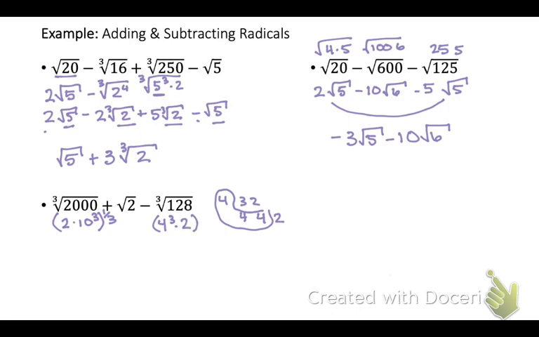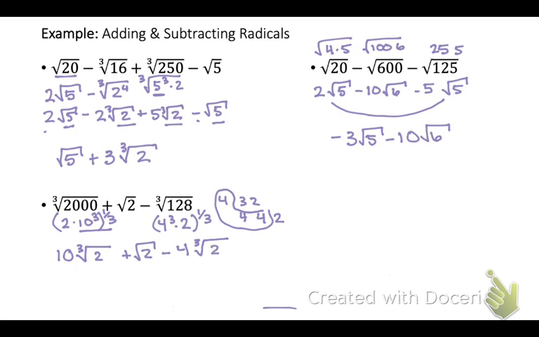Okay, so the reason why I did this is I'm going to start using what we've been doing. I'm going to first do the 10 cubed, because it cancels and reduces out to 1. So I'm going to have 10, and then the cube root of 2 plus the square root of 2 minus 4 and the cube root of 2.